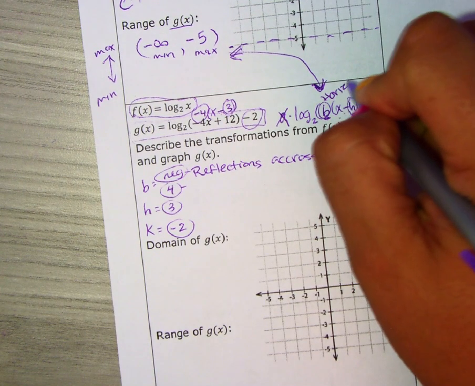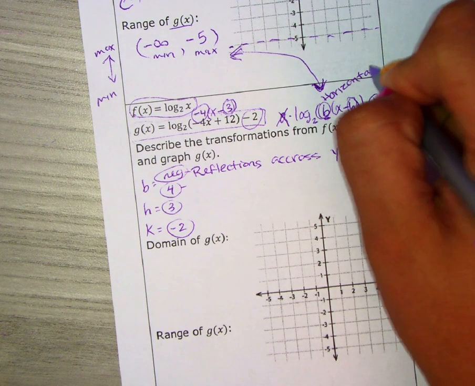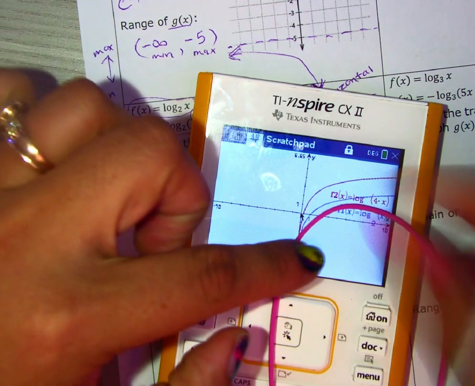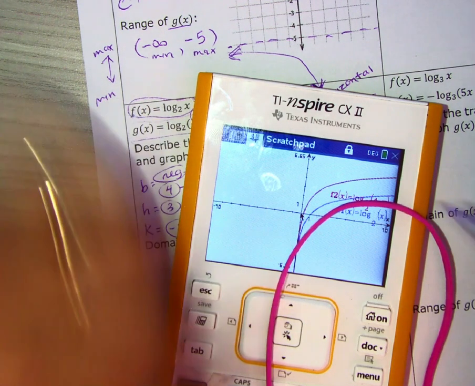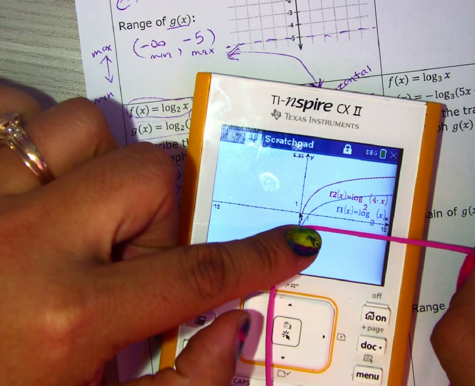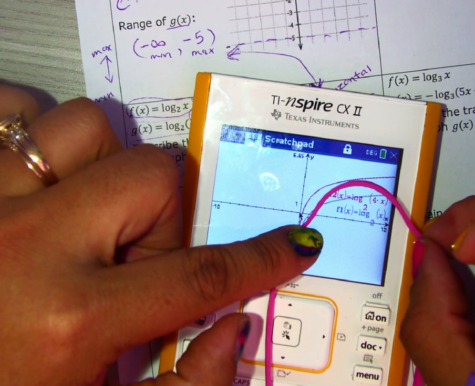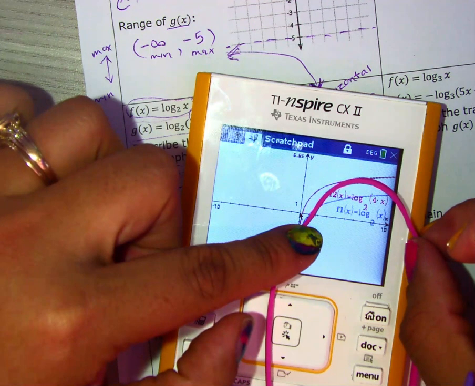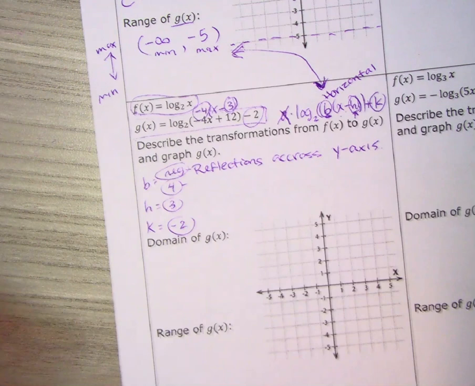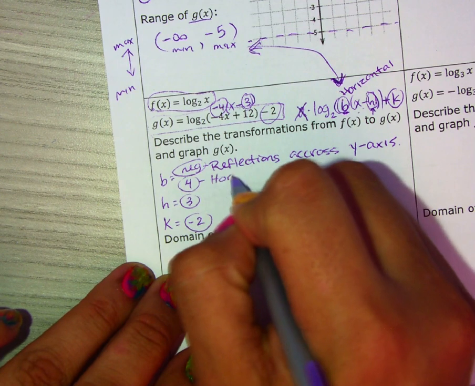So whenever you do write your description, you want to talk about if it's a horizontal stretch or compression. Your original is this blue one, and in order to make it look like the red one, this is what horizontal stretch is, and this is horizontal compression. So for it to go higher like that, it's a compression because you're pushing it in sideways. So that will be a horizontal compression.